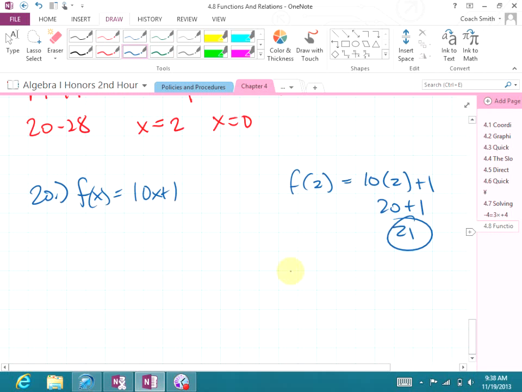And then you plug in f of 0 equals 10 times 0 plus 1, which is equal to 1. So you just have 21 and 1. Instead of plugging in negative 3 as well, you don't have to do that, to cut a little bit of your work out for you. So basically for 20 through 28, we're just going to do two different equations.